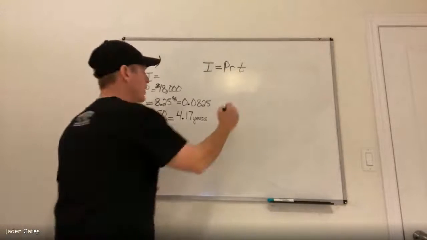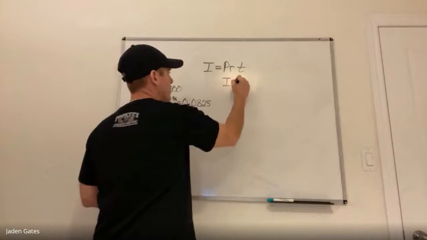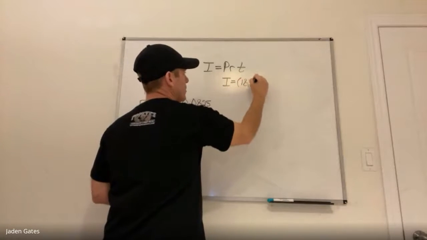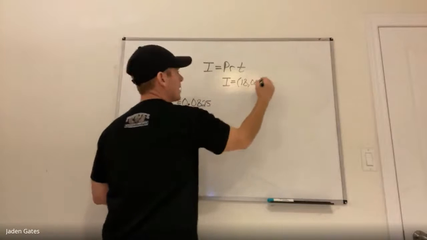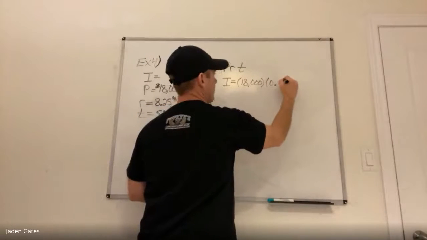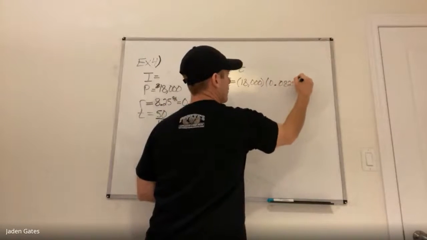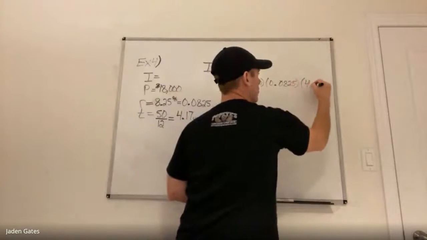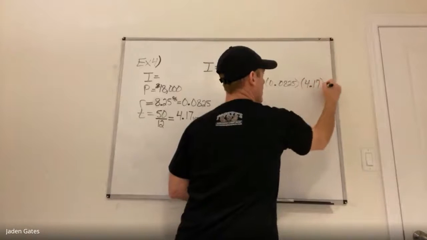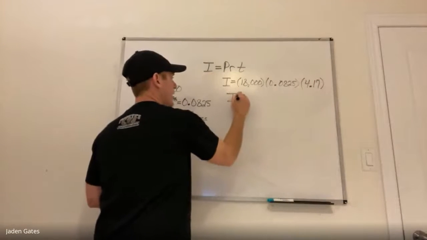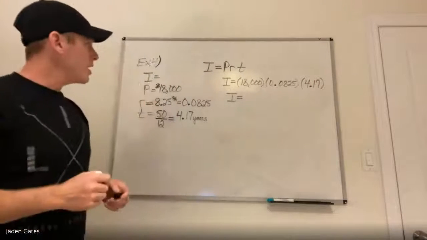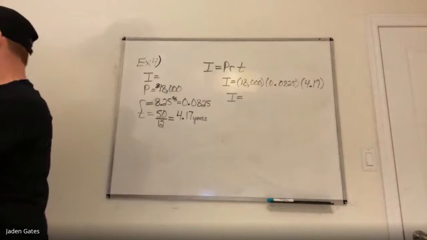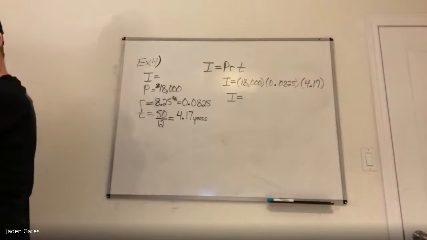All right, so just like I did last time, I'm going to sub in my values. So I have 18,000 times my interest rate, which is 0.0825. And then again, times my time, which is 4.17. And the interest, I multiply those 3 numbers. And let's see, what do we get?